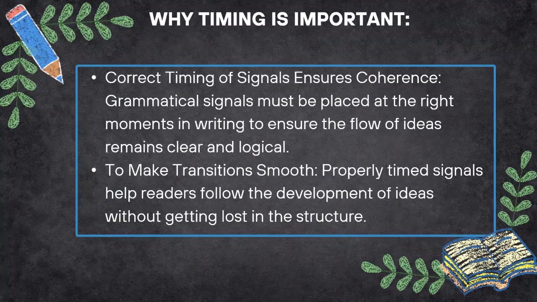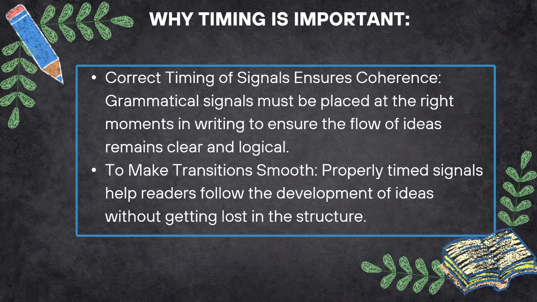And then lastly, why timing is important in using grammatical signals in a text. So, correct timing of signals ensures coherence. Grammatical signals must be placed at the right moments in writing to ensure the flow of ideas remains clear and logical. You cannot put grammatical signals wherever you want. You have to know when it should be and where it should be placed so that the ideas will remain clear and logical.